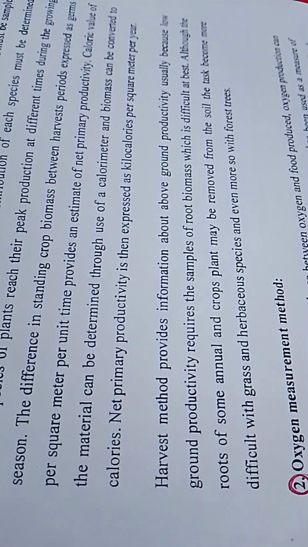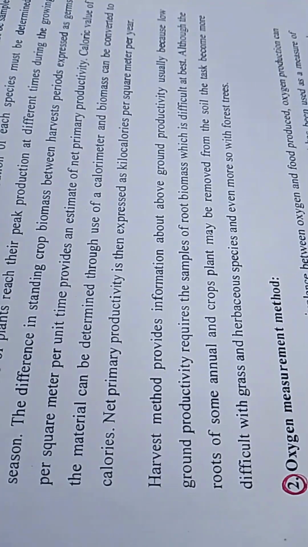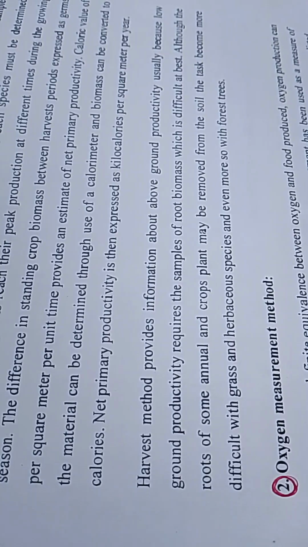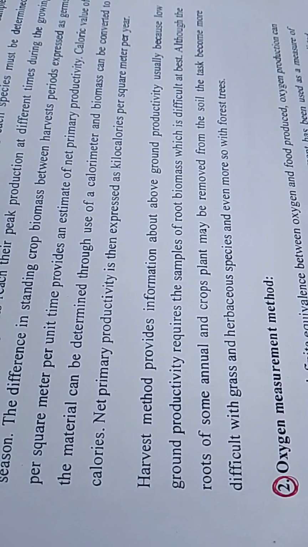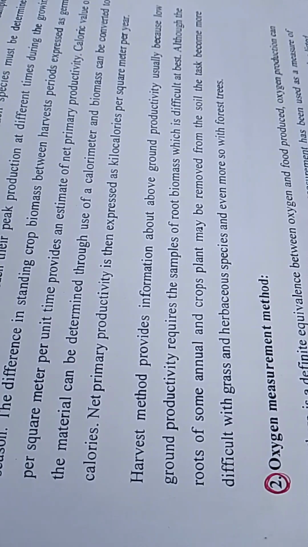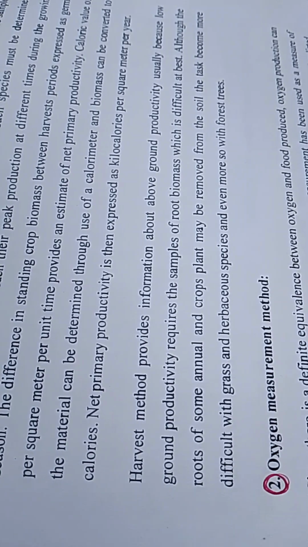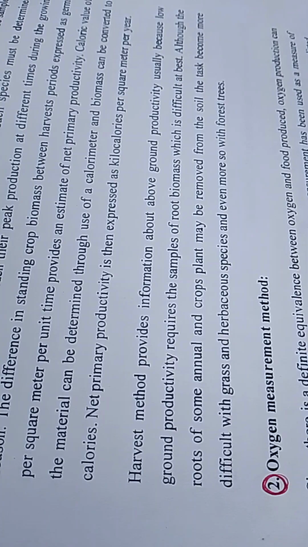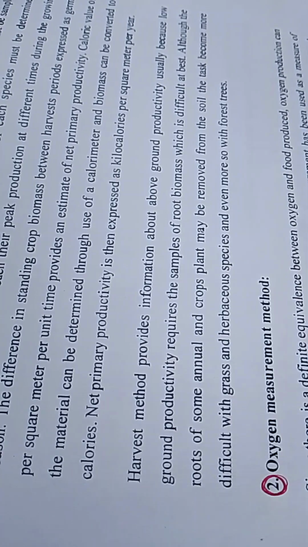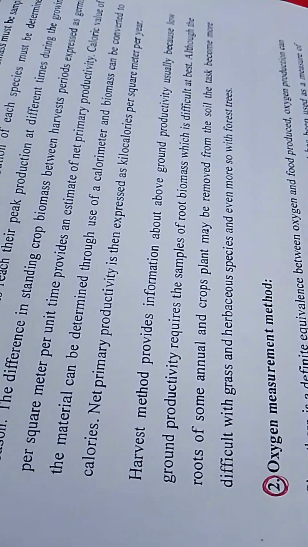Different species of plants reach their peak production at different times during the growing season. The difference in standing crop biomass between harvest periods, expressed as grams per square meter per unit time, provides an estimate of net primary productivity.